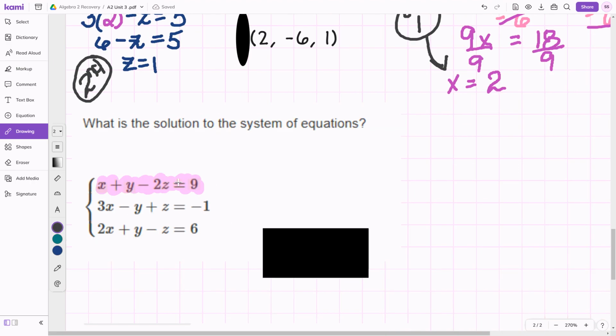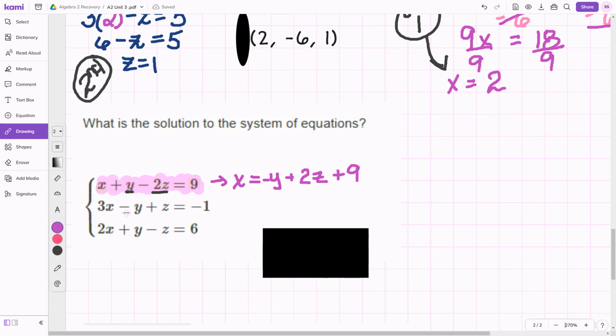And I'm going to just move the y and the negative 2z to the opposite side of the equation so that I get as a new equation x equals negative y, plus 2z plus 9.